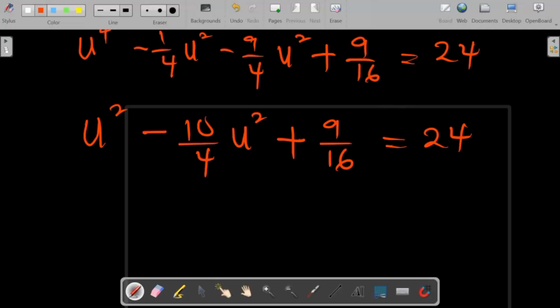Now we can eliminate the denominators. How? We multiply through by the LCM, which is 16 in this case.